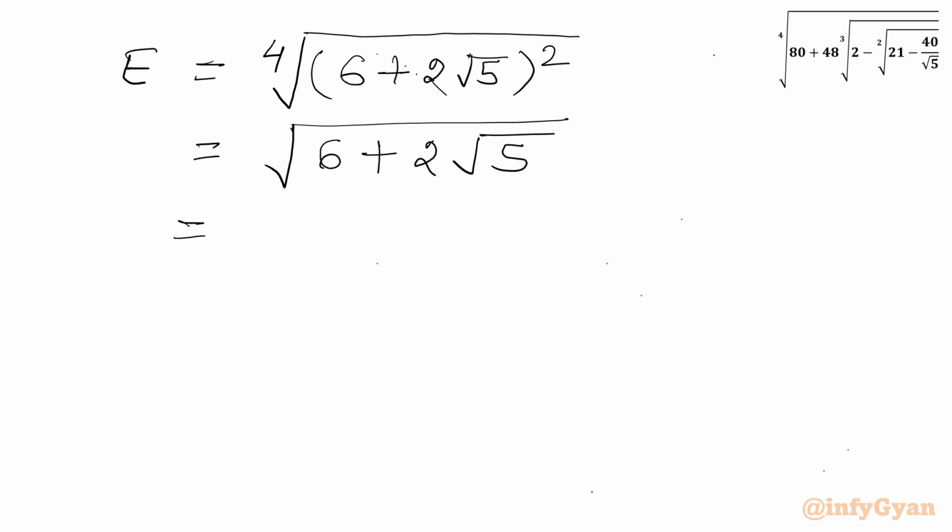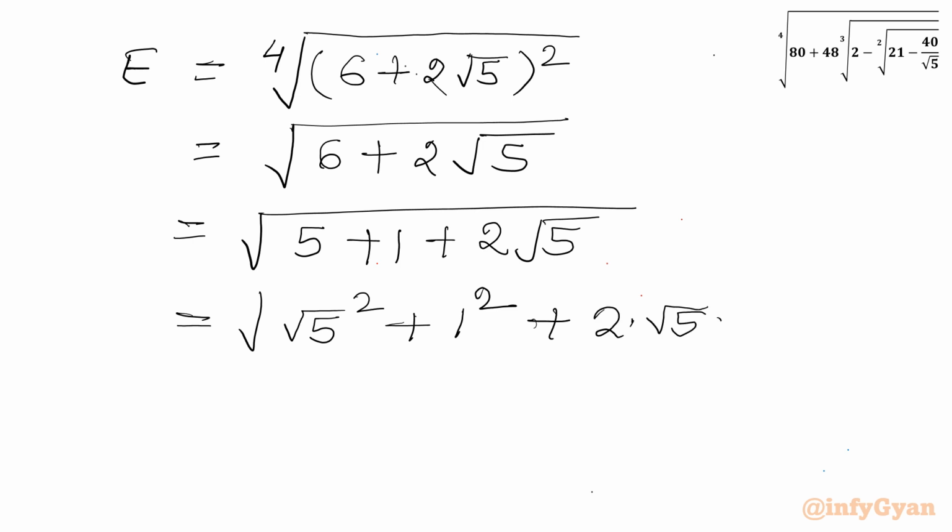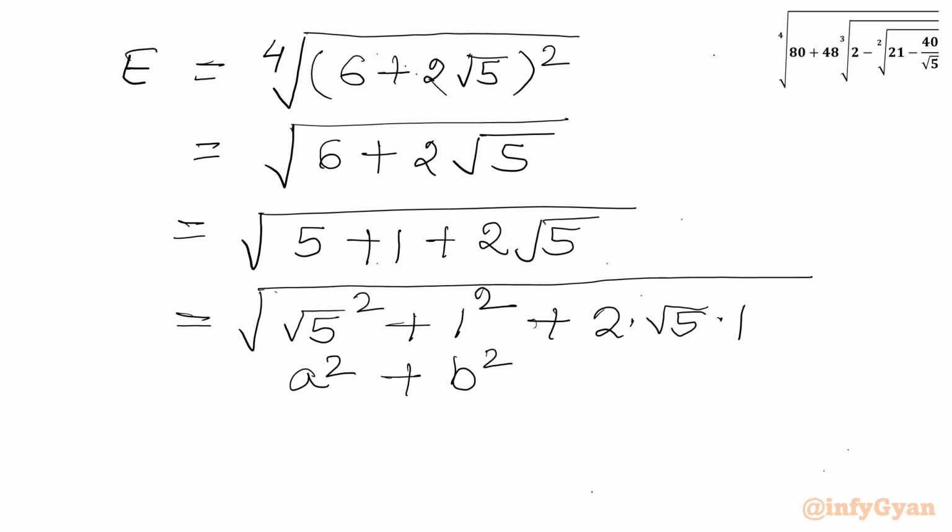Now again we can split 6 as 5 plus 1 plus 2 square root 5. Now 5 can be written as root 5 whole square, 1 can be written as 1 whole square, and 2 root 5 will be 2 times root 5 times 1. So I am matching with the formula a square plus b square plus 2ab.